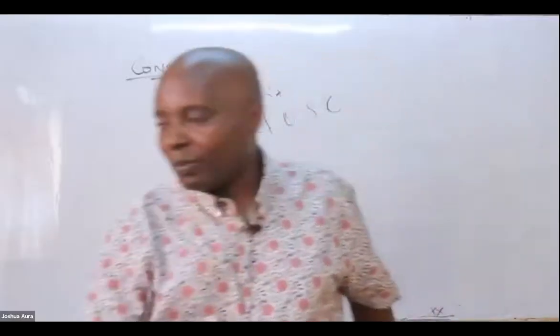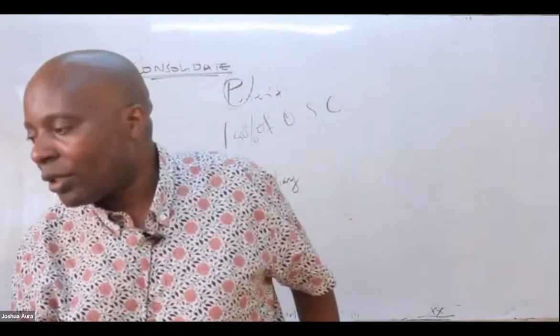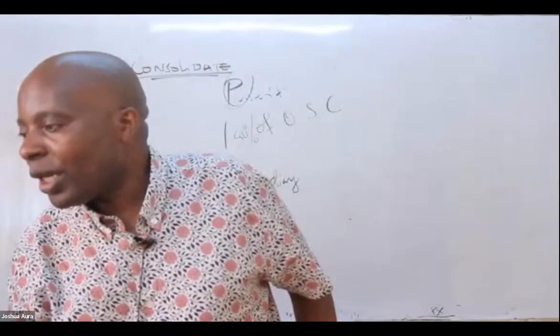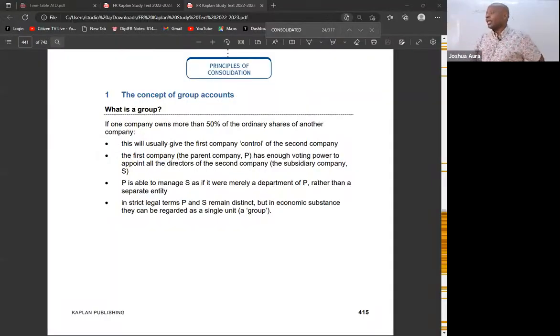And I would want us to get back here for purpose of understanding. We are told here that if one company owns more than 50% of the ordinary shares of another company, this will usually give the first company control of the second company.